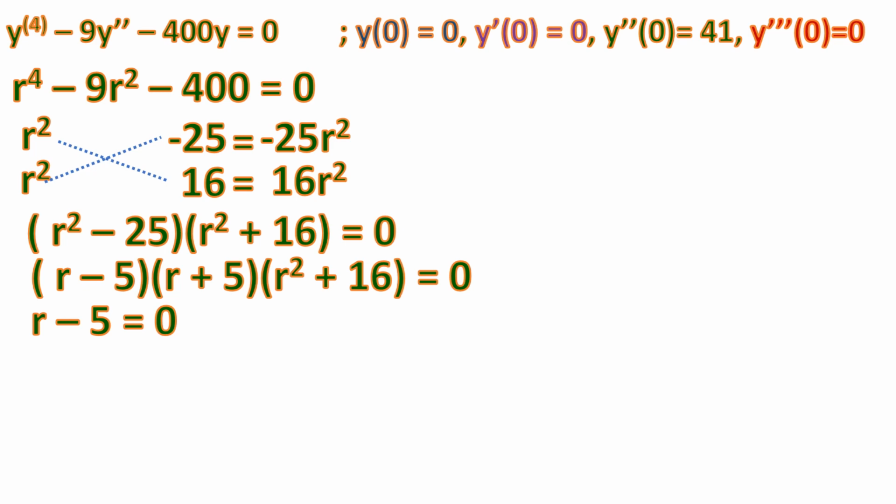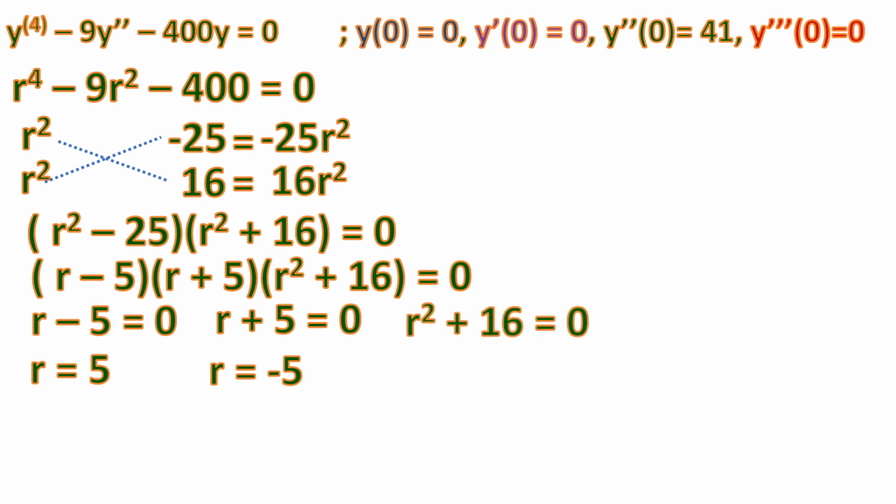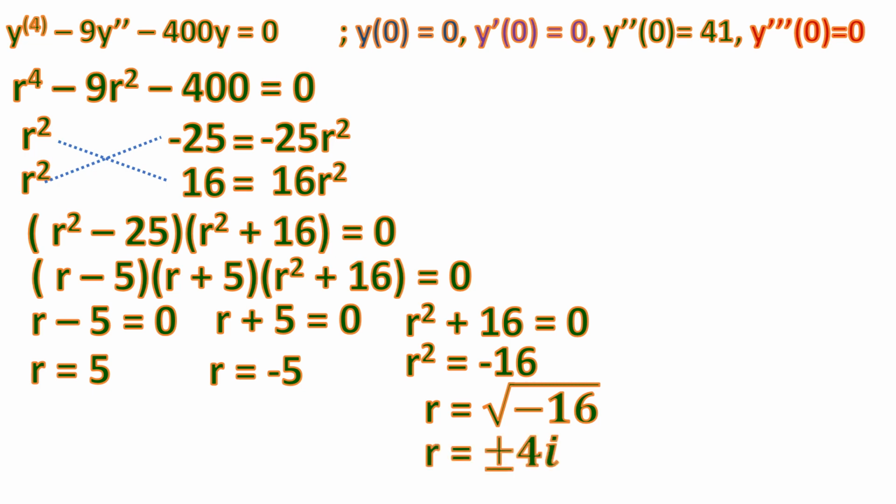So r minus 5 equals 0 is r equals 5. R plus 5 equals 0 is negative 5. R squared plus 16, transpose, it will be r squared equals negative 16. And then take the square root of both sides. You will have r equals plus and minus 4i. It contains i because it's negative.